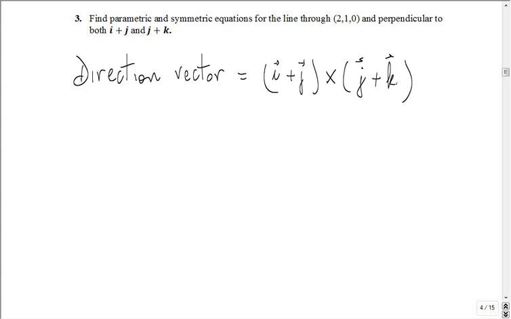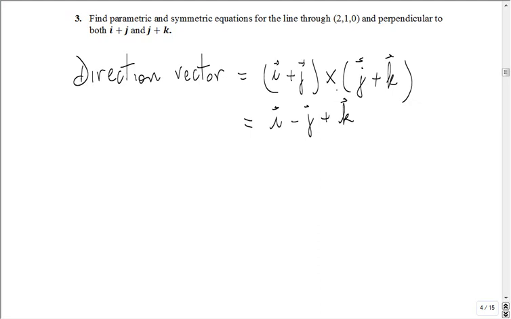I'm not telling you to find the cross product; you have to know you have to find it. So you can just put that into your calculator, and you get i minus j plus k. So this is the direction vector.